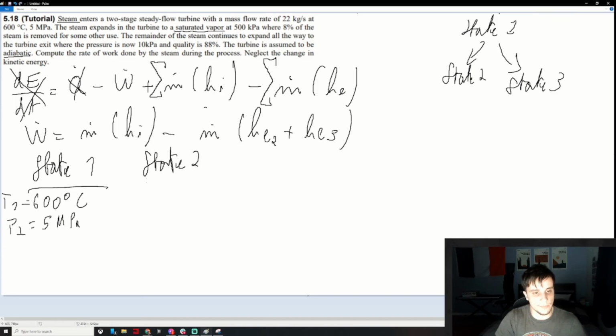State 2. So the steam expands, where 8% of the steam is removed. It's kind of worded confusingly, but what they mean is that the 8% that is removed is at 500 kilopascal. And we don't know T2.